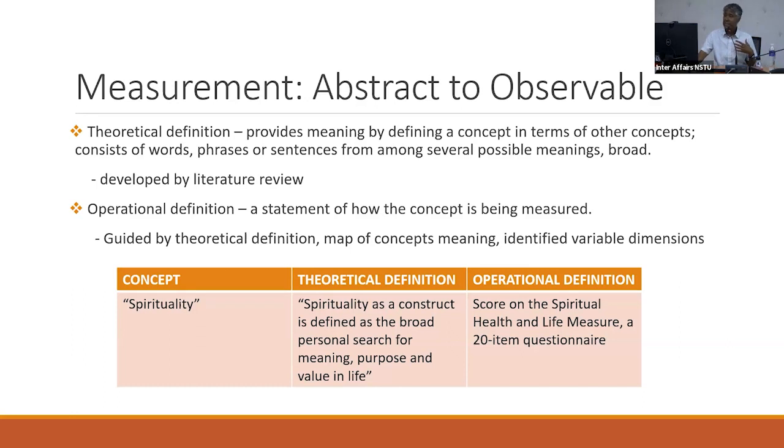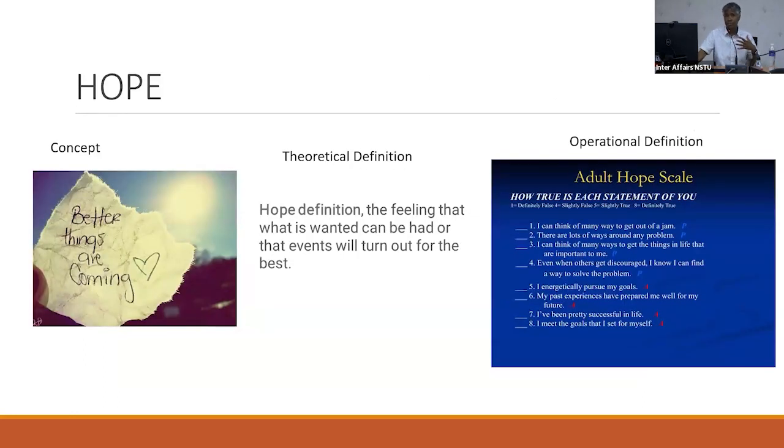So this is an example of how we move from the more abstract, such as a concept like hope, to a theoretical definition, to an operational definition in which we have a validated instrument to measure that concept. Okay?